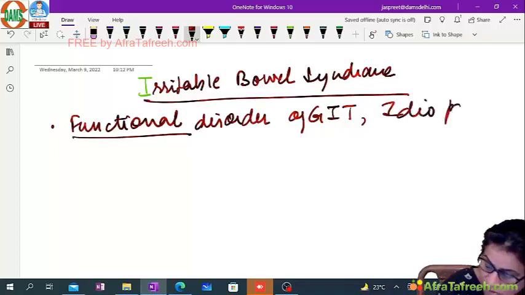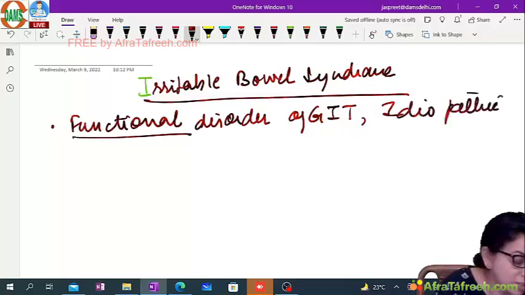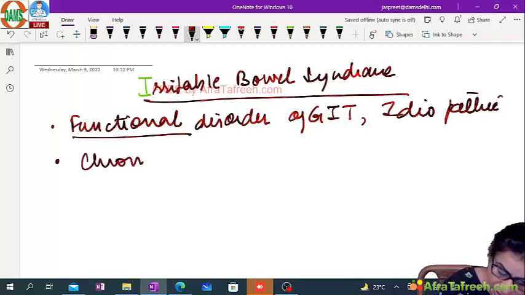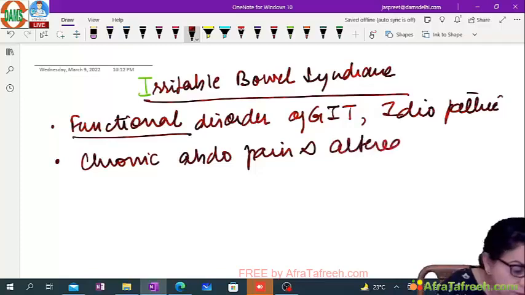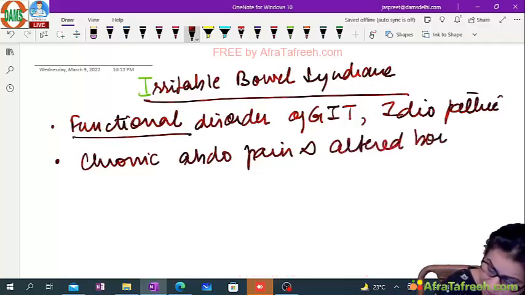You don't know the cause. And here, what does the patient present with? The patient will have chronic abdominal pain and altered bowel habits.